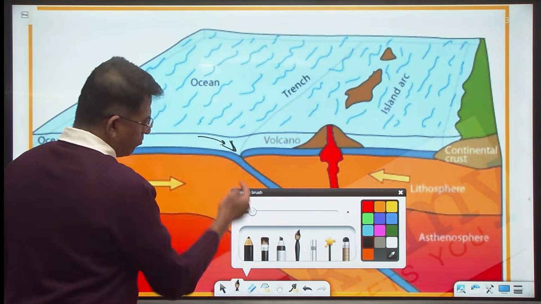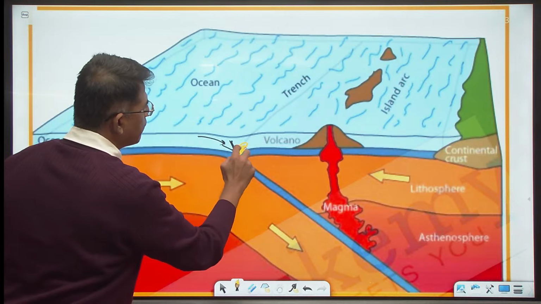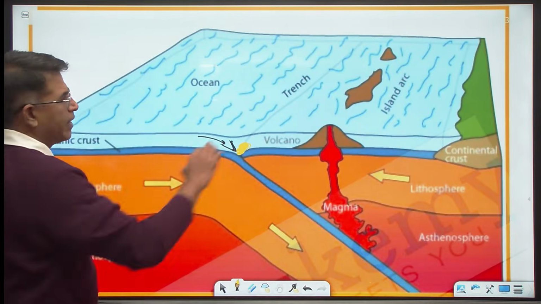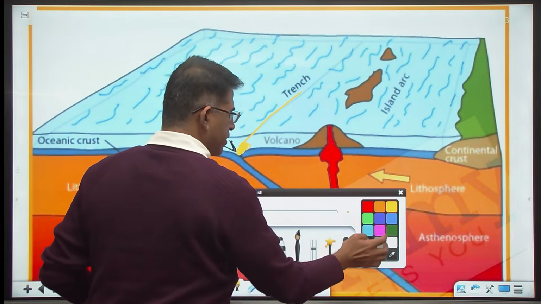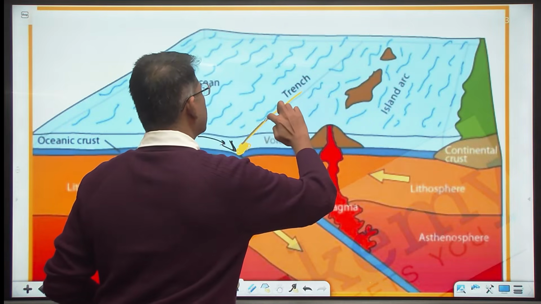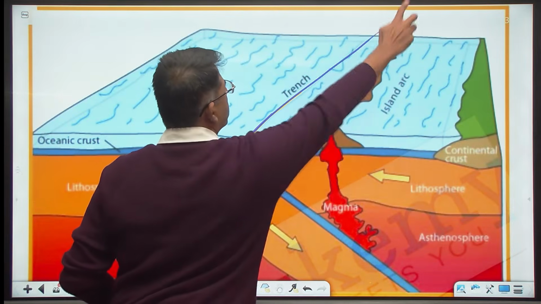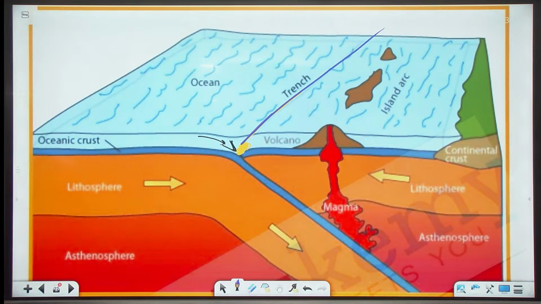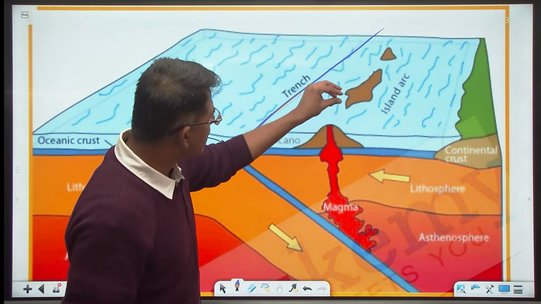It's not shown here, but you'll have sediments here. This line is the trench. Melts, lava comes out, and patches form.